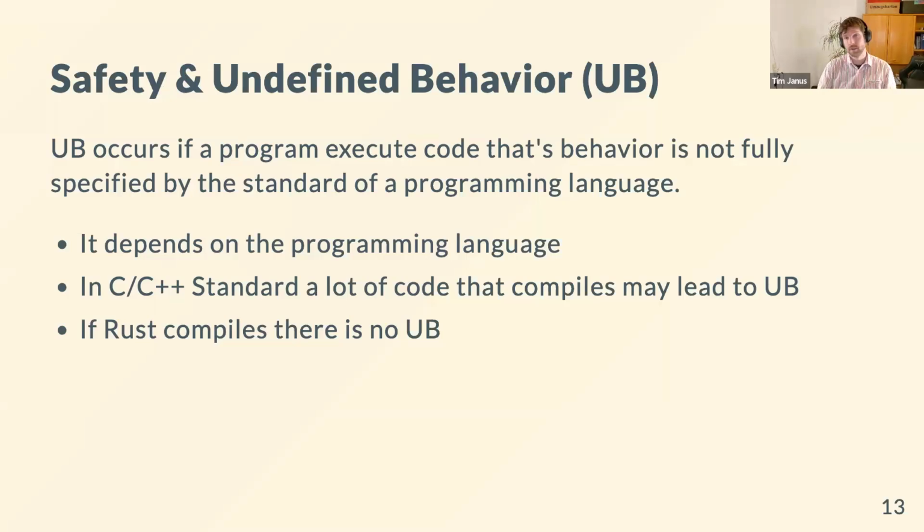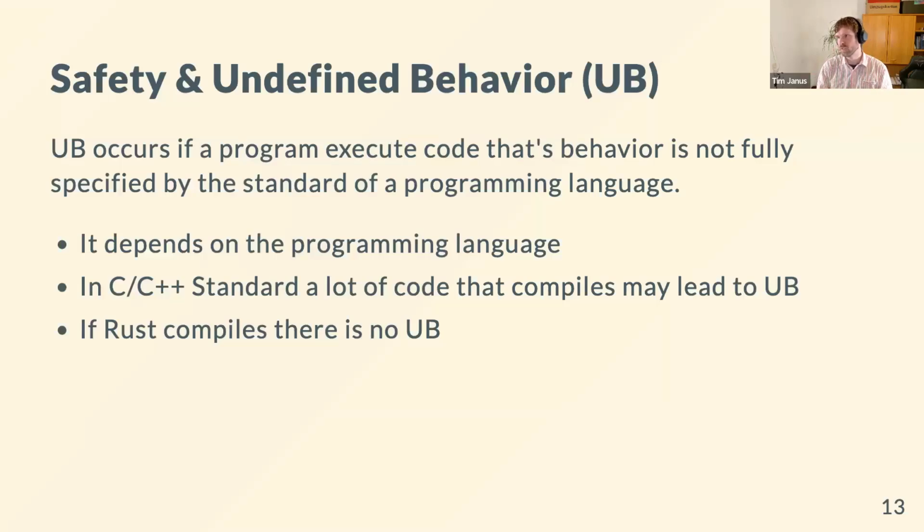First things first. When you come to Rust, the key selling point is safety. And to define safety, you have to hear about what is undefined behavior. Normally you have undefined behavior if code is executed and that behavior is not fully specified.